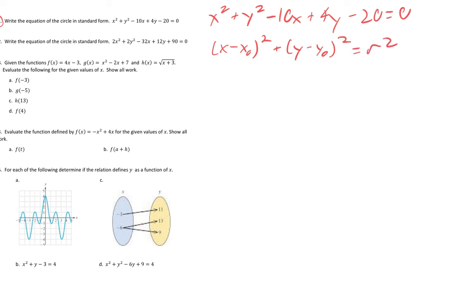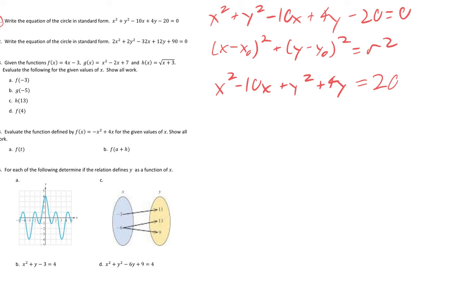So first what we're going to do is add 20 onto the right side of this equation. So we're going to put our terms together: x squared minus 10x plus y squared plus 4y is going to equal 20. So we're going to have to complete the square twice.